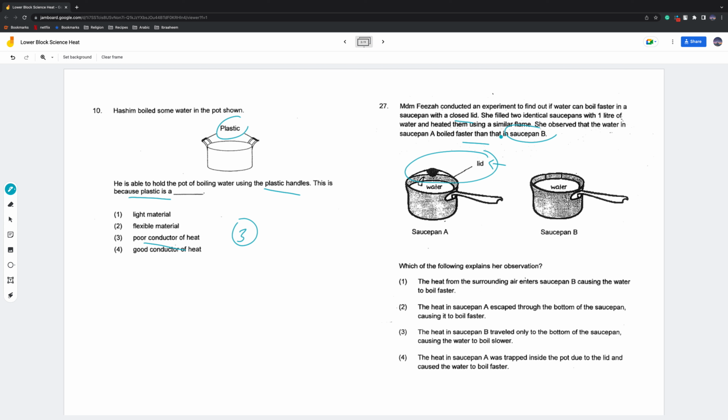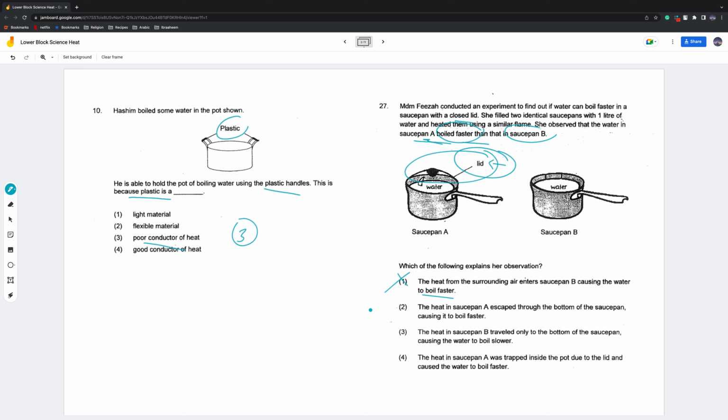The reason why the water in saucepan A boiled faster is because there's a lid covering. So we must focus on the lid. The first option says the heat from the surrounding air enters saucepan B, causing the water to boil faster. It doesn't make sense, because they say here the water in saucepan A boiled faster.